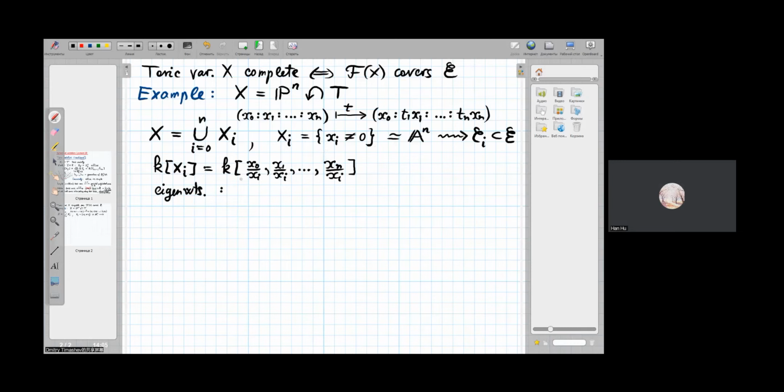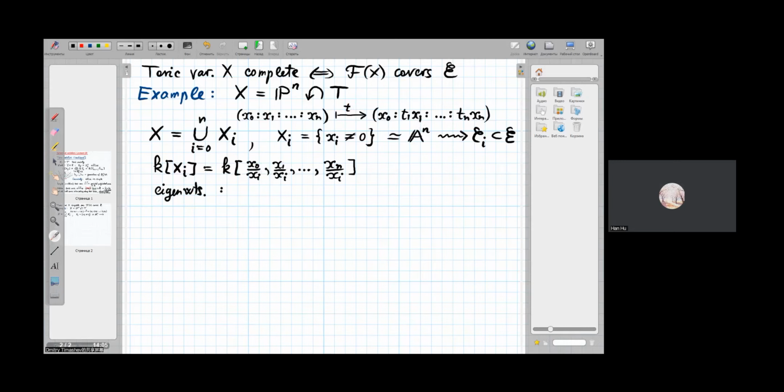So what are the weights? You see that the weights can be seen from this formula. When you look at the eigenweight of a function, you have to act on the argument of this function by an inverse element of the group. So you have to act by t inverse and look at what happens to these functions.